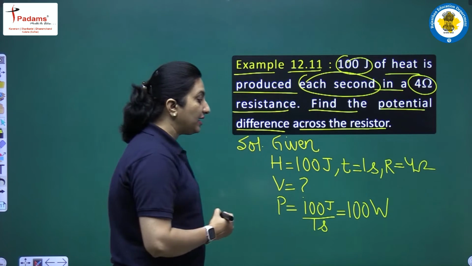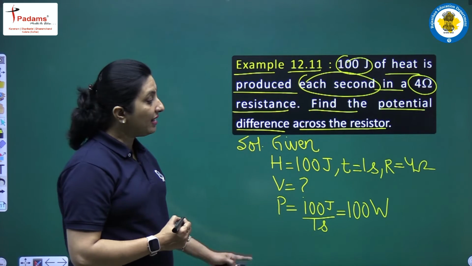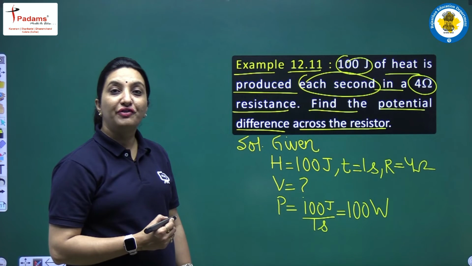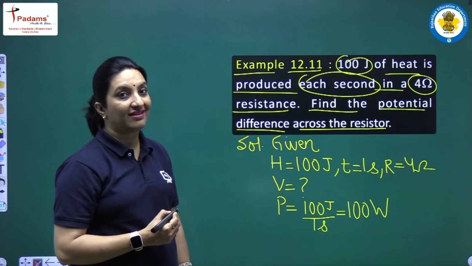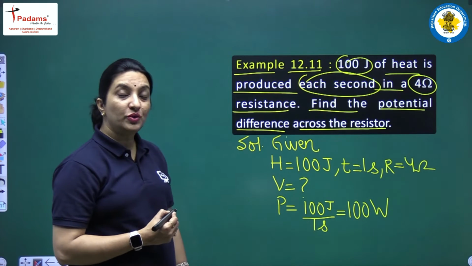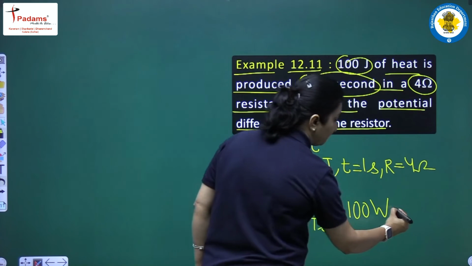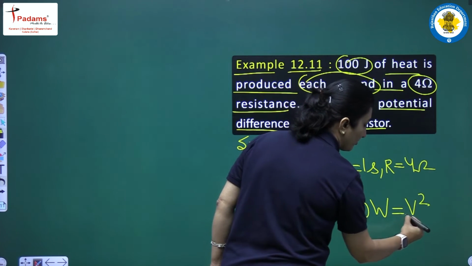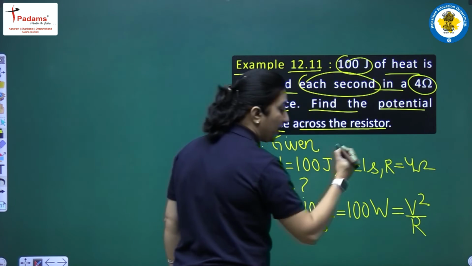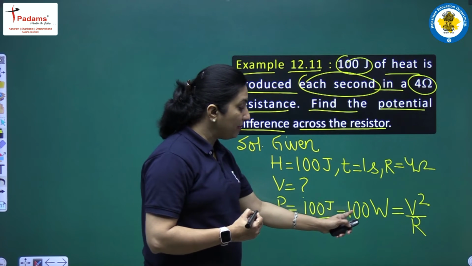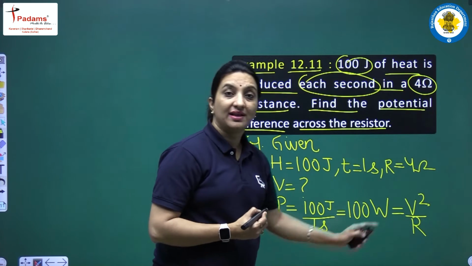So here the power is 100 watts and the formula for power can be taken as V square upon R. So if we use the formula for power as V square upon R, then V square can be calculated by multiplying 100 by this resistance.